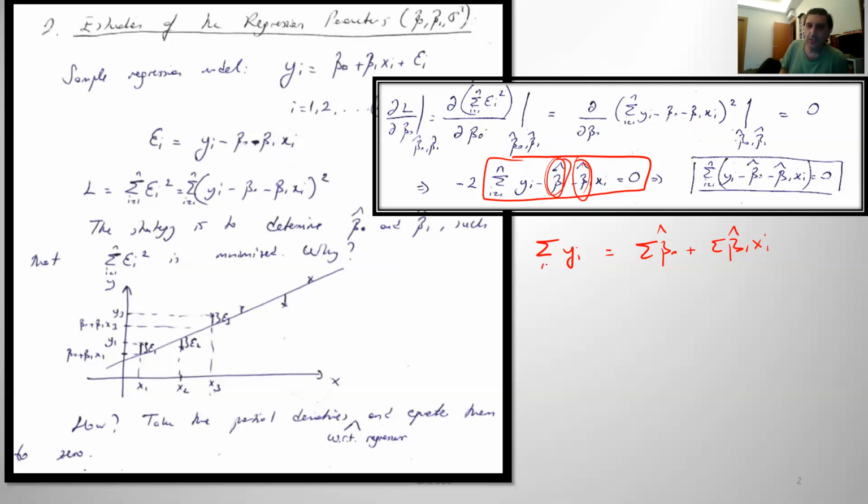So again, the sum from 1 to n of yi is equal to, now beta 0. I do it step by step, so that those who are not very comfortable with the summation sign can easily follow. We have n of these beta 0 constant terms, so this is going to be n times beta 0. Now we have the constant beta 1 again; take it out, beta 1 times the sum of xi from i equals 1 to n.